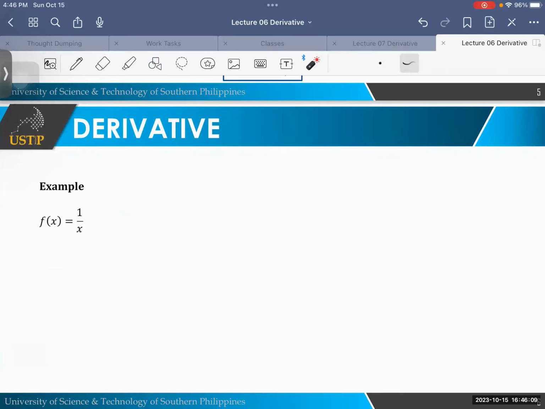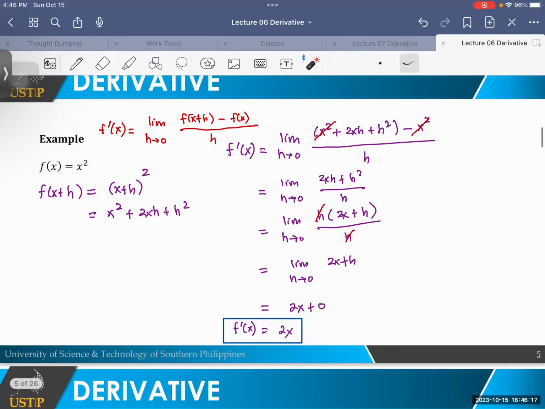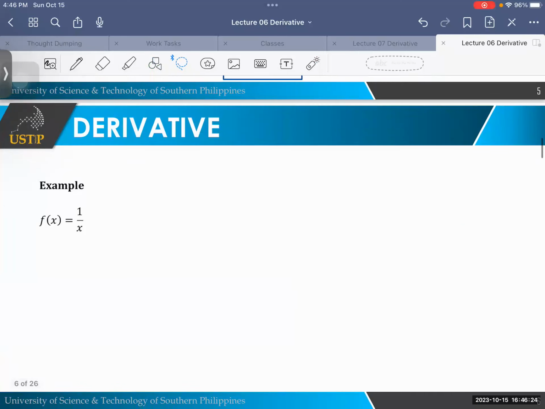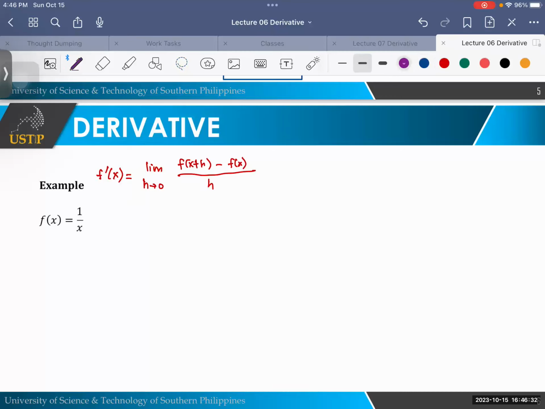Last example. Let's have 1 over x as f of x. I'll write this, you can skip if you want, I'll just discuss it quickly. Okay, so this is f of x equal to 1 over x. Okay, we want to get f of x plus h.